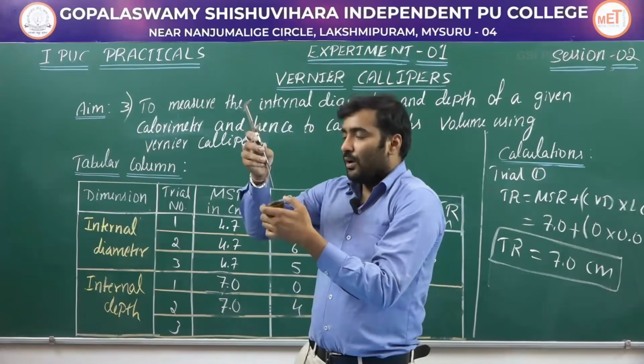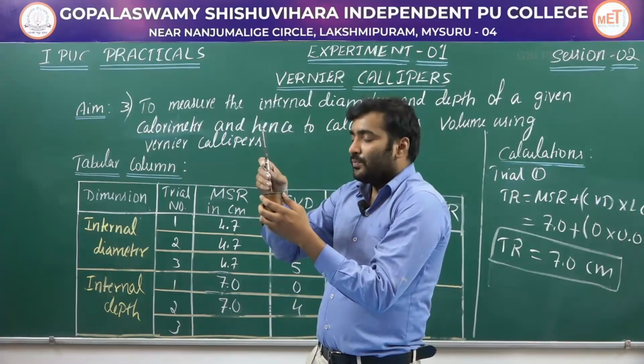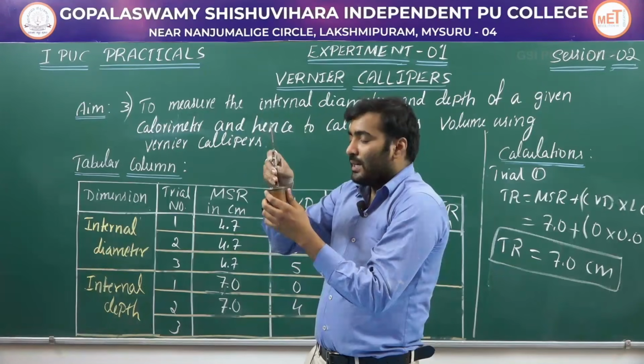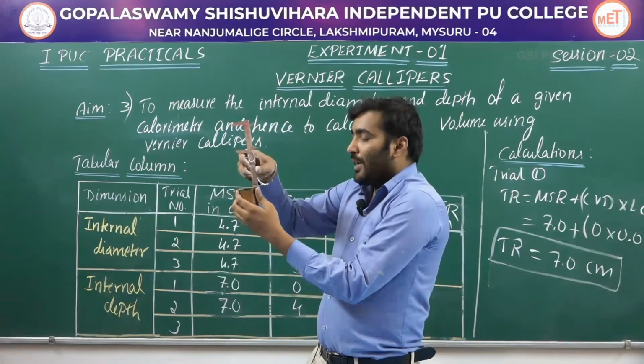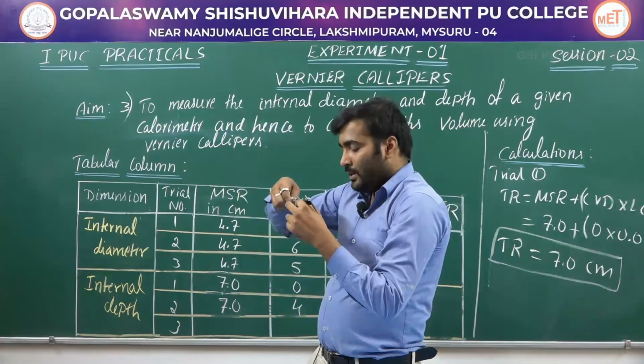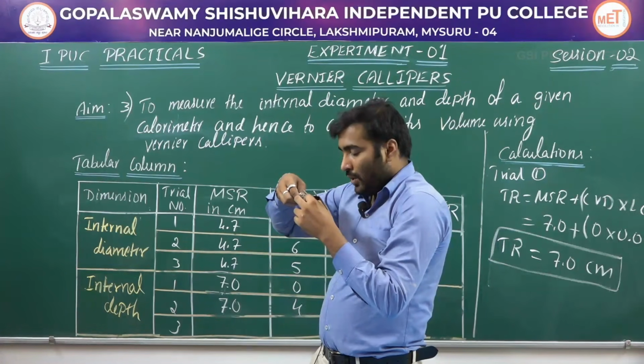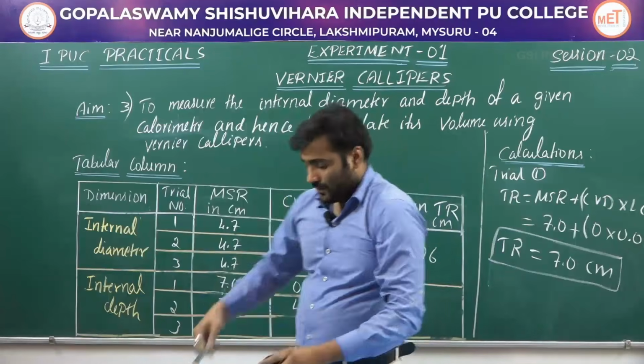Now for the third trial, let us do it again. Just change the position and keep the strip inside the cylinder till it touches the bottom and the edge of the main scale touches the upper edge of the cylinder, and find out the reading. Main scale reading is 7.0 and CVD is now 3.